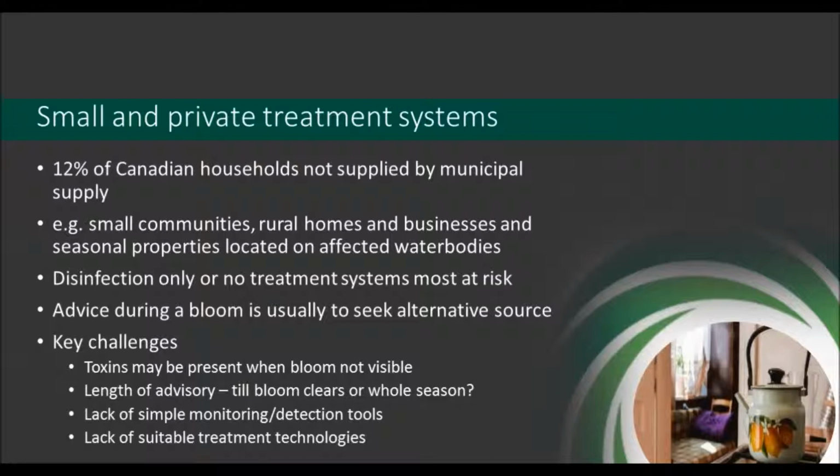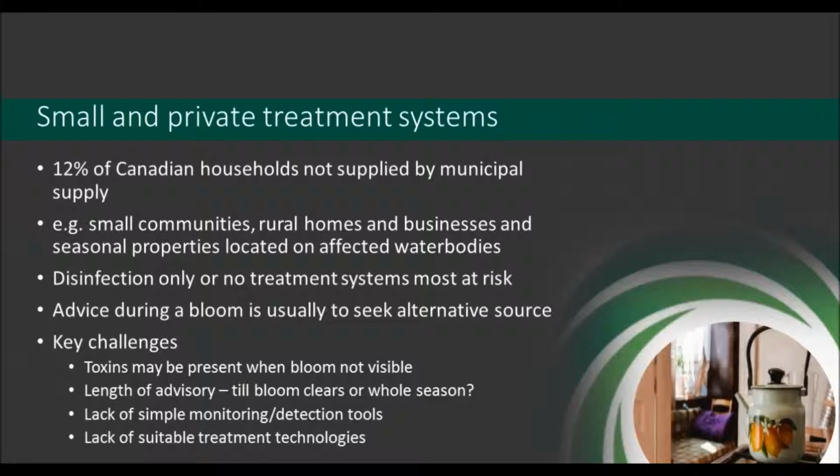Often they might have disinfection only or no treatment systems. Disinfection in itself, chlorination, could cause more impacts, and boiling water doesn't get rid of the issue. It doesn't degrade the toxins. So advice during a bloom for these types of sources is usually to seek an alternative supply. This could be a key challenge because sometimes an alternative supply isn't available.